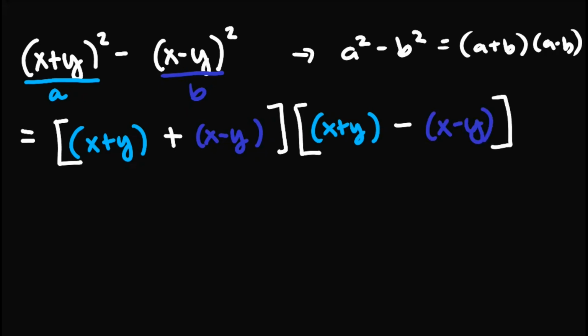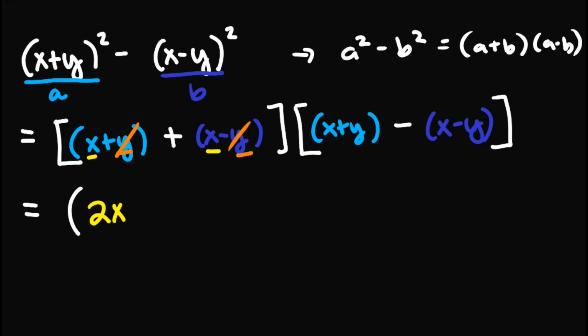And then we can simplify the expressions inside the parentheses. So in the first one, we will have x plus x will give us 2x, and y minus y, that one will cancel out.